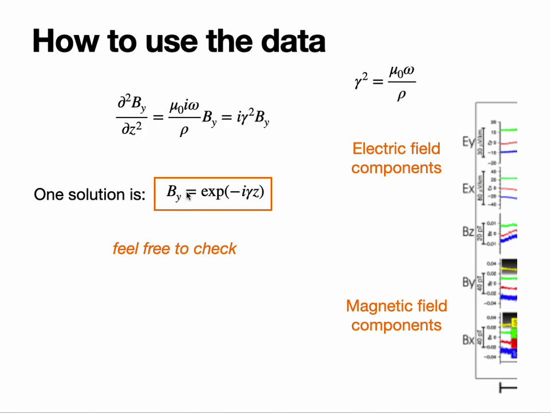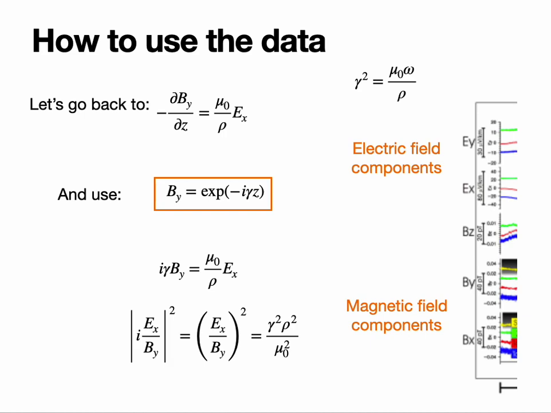You can check it. If you insert By equal to exponential minus i gamma z into this equation, you will obtain 0. Feel free to check this solution. After inserting this solution into our previous equation, we end up with the following equality: i gamma By is equal to mu 0 over rho Ex.